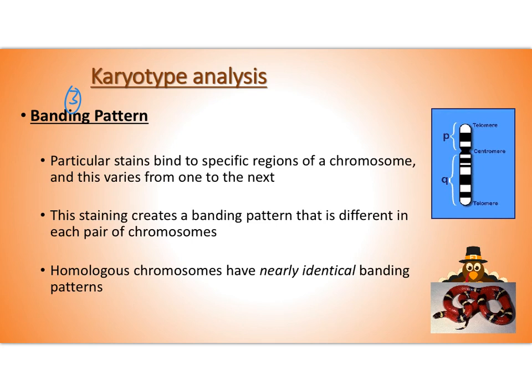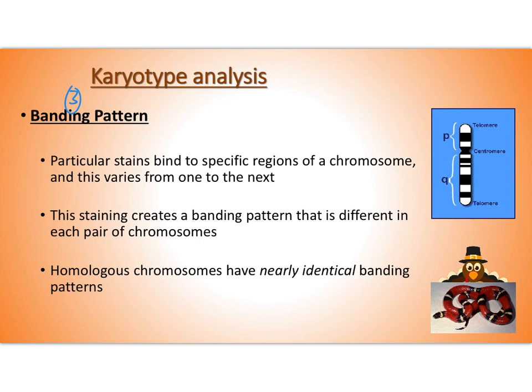What's cool is that if the chromosomes are homologous, they will stain or band in almost exactly the same way. So the striping of the chromosome should be almost identical if you're looking at two homologous chromosomes. For instance, chromosome 1 and the other chromosome 1 should have pretty much the same banding pattern.